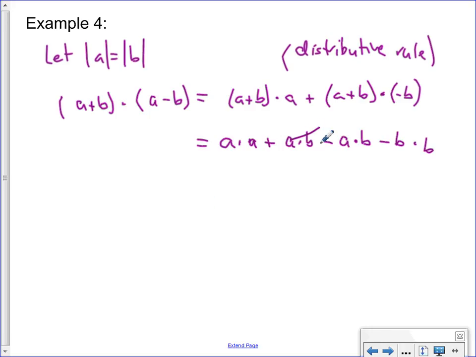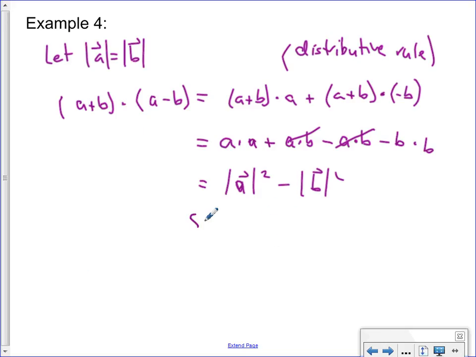These two cancel out. And remember that A and B are vectors. So if these two are vectors, then when you multiply two vectors together, go back to the original one, isn't that just the magnitude of A squared minus the magnitude of B squared? Okay?